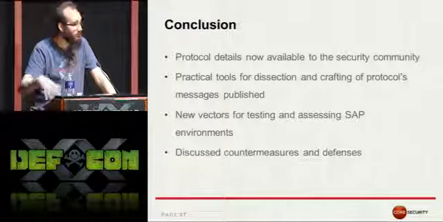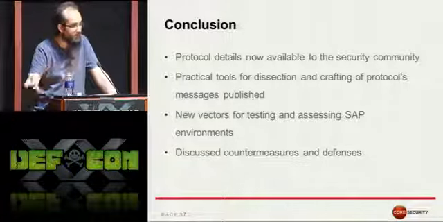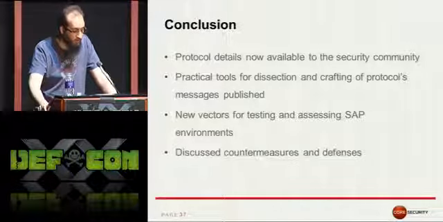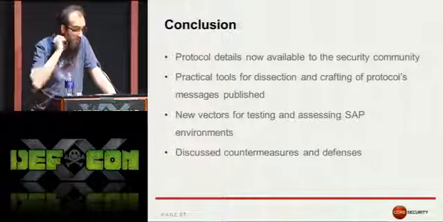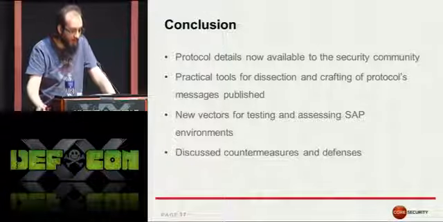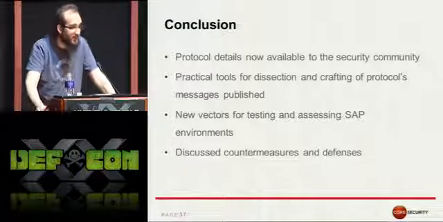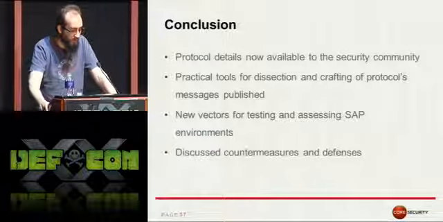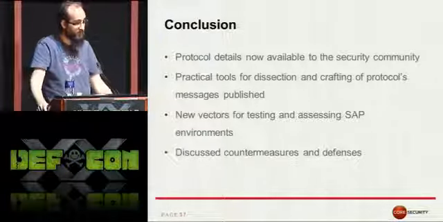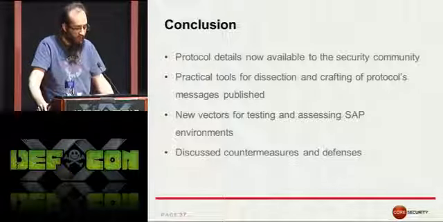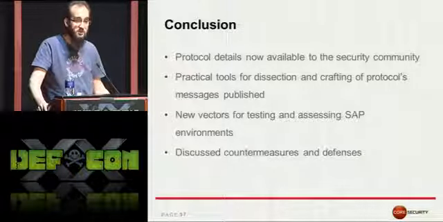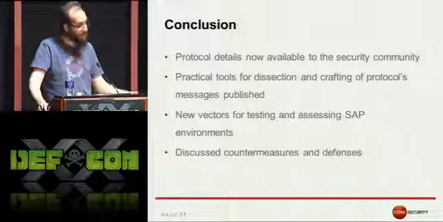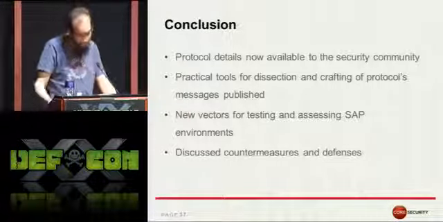Both tools will be released under the GPL license, so they will be available for anyone. There are new vectors that are now practical. They are well-known vectors, but now it's possible to perform actual attacks. We have also discussed some countermeasures and defenses to try to protect your systems.